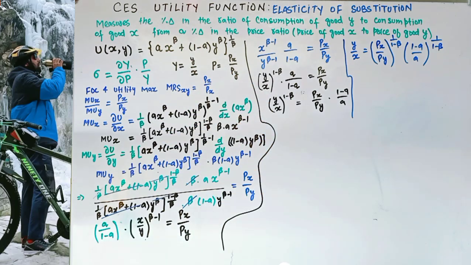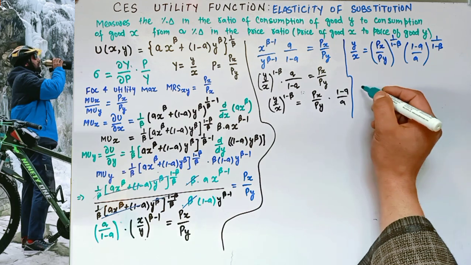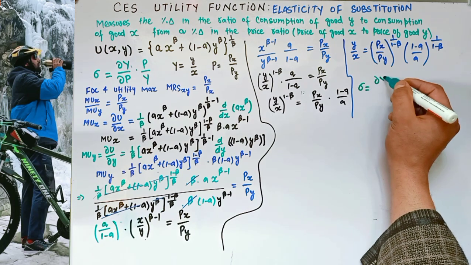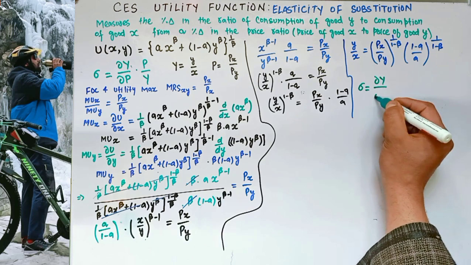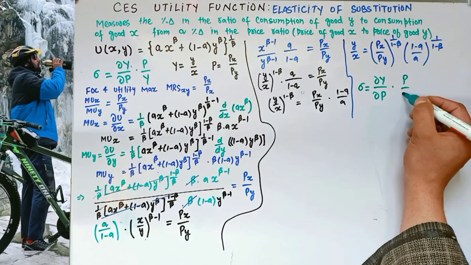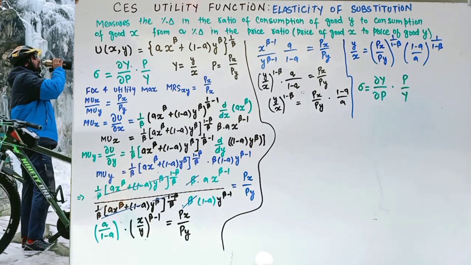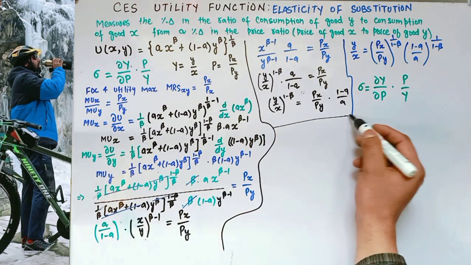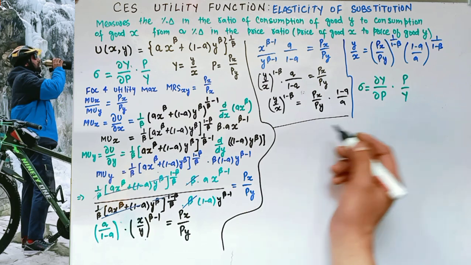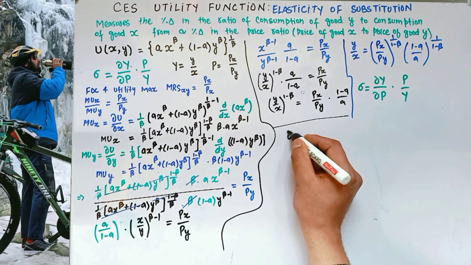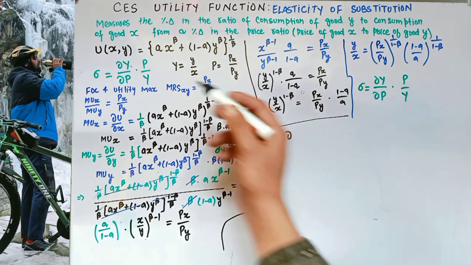So we know that our elasticity is equal to change in y upon change in p times p upon y. Now, change in y upon change in p will mean change in y, where y is equal to y upon x.